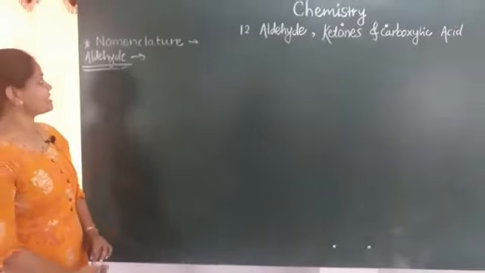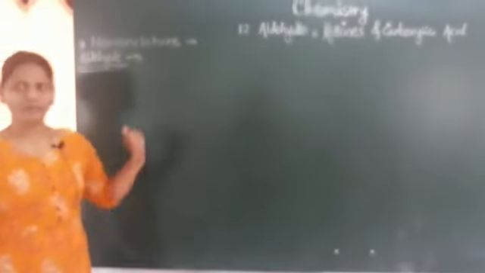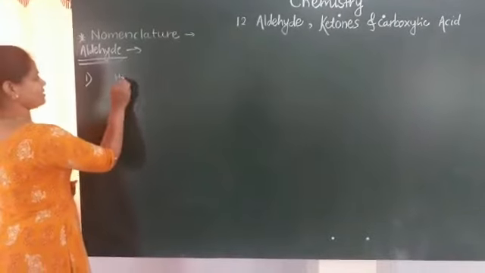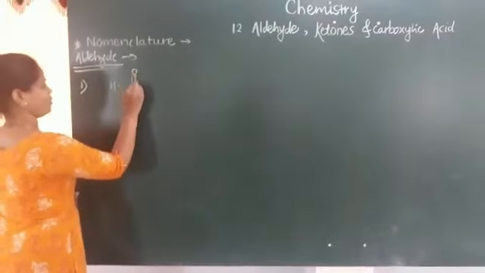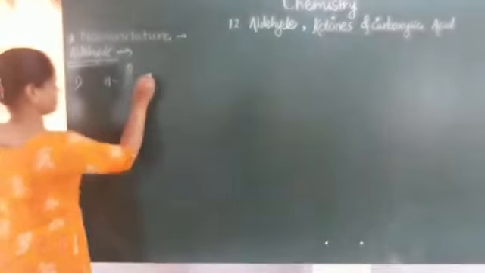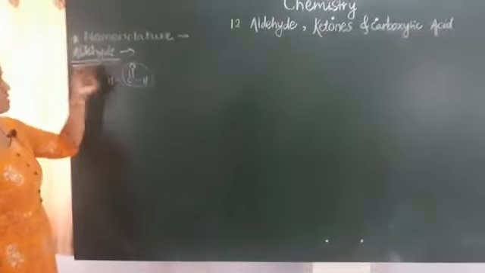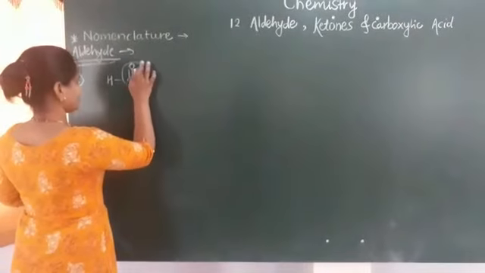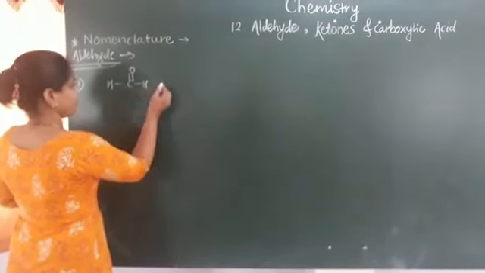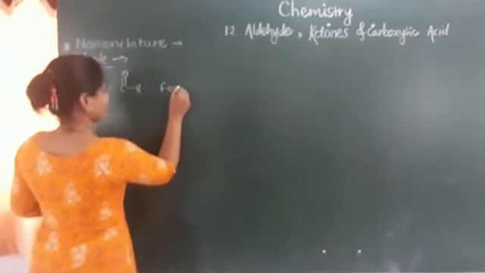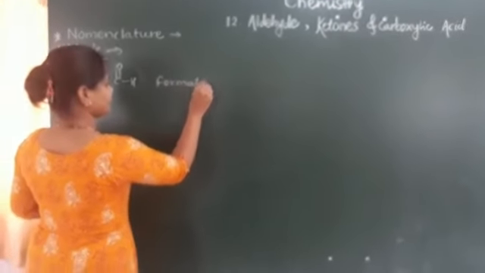Now let us see the examples of aldehyde one by one. First example, HC double bond O. Now this functional group is of aldehyde. Its common name is formaldehyde.